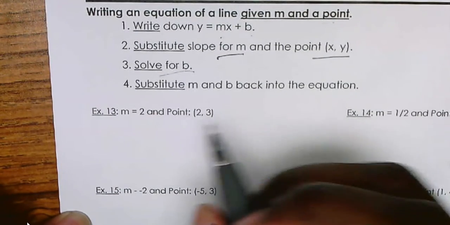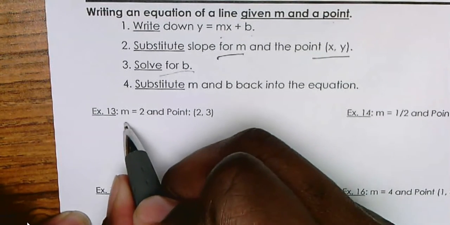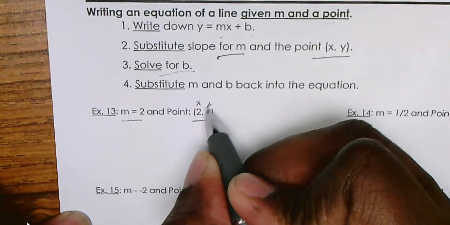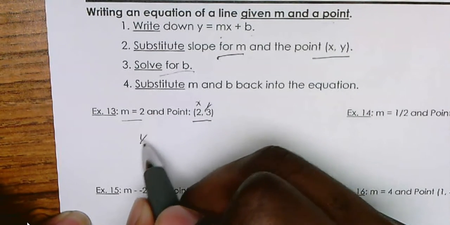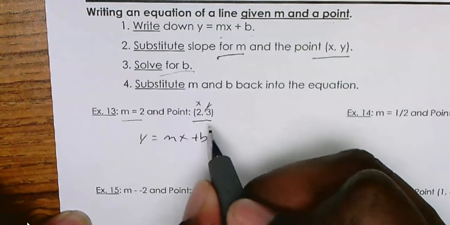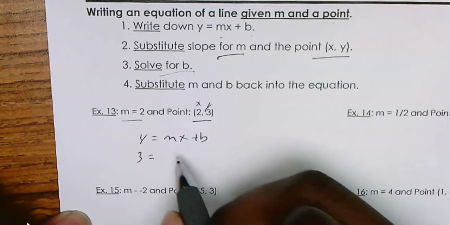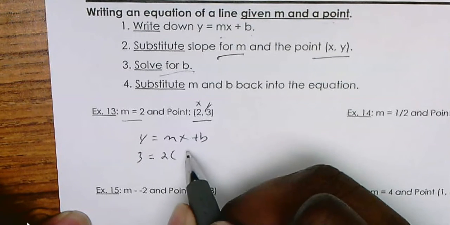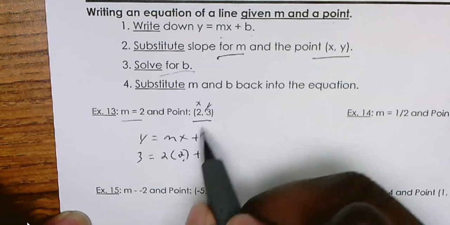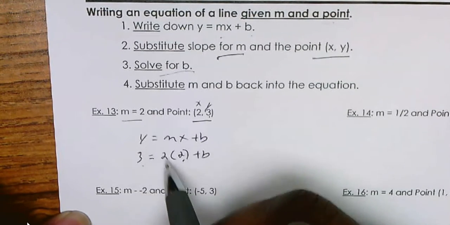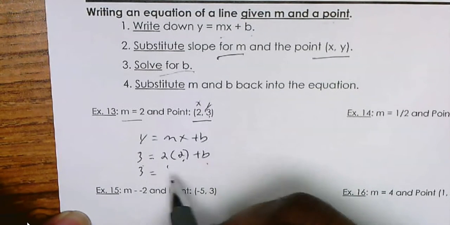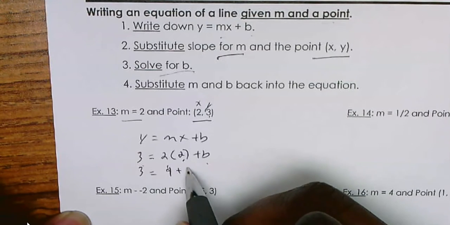So this is how it works. If I gave you m is 2 and my point is 2, 3, that means x and y is 2, 3. So if I gave you y equals mx plus b, that means that my y value is 3, my slope is 2 and my x value is 2. So x is 2, y is 3, m is 2. The only variable left is b. So I know 3 equals 4 plus b.